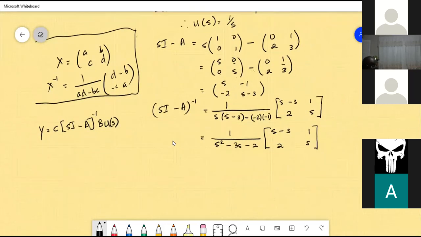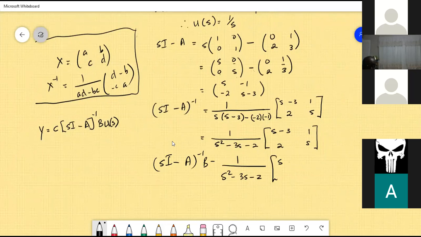So sI minus A inverse times B is 1 over s squared minus 3s minus 2, times the matrix s minus 3, 2, 1, s, times B, which is 0, 1. So we're going to multiply these two matrices. We're going to leave this part alone for the time being.